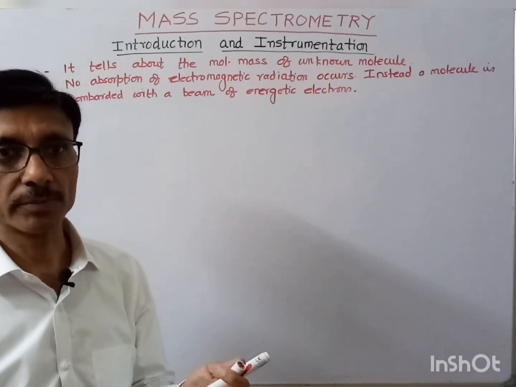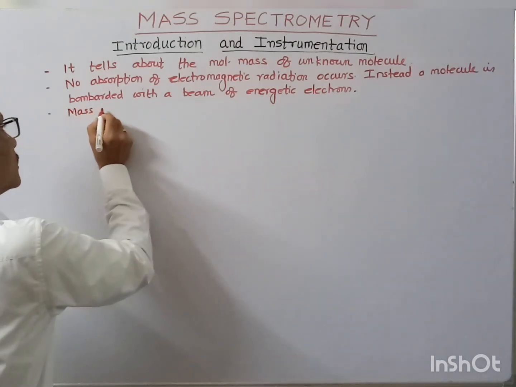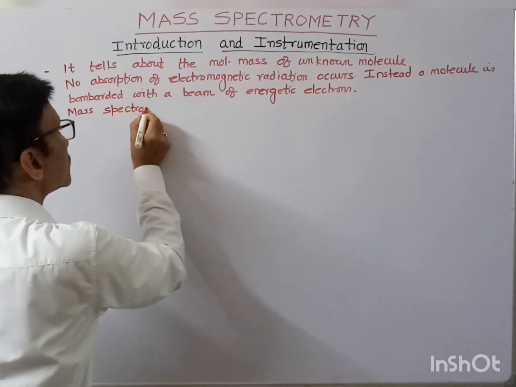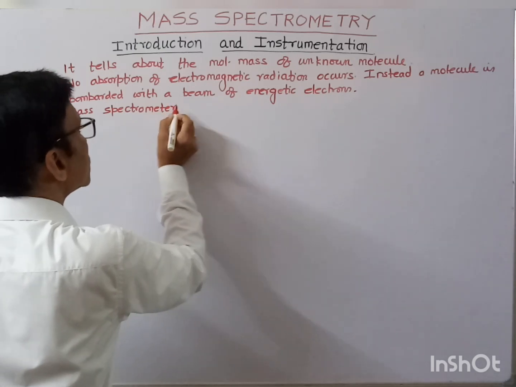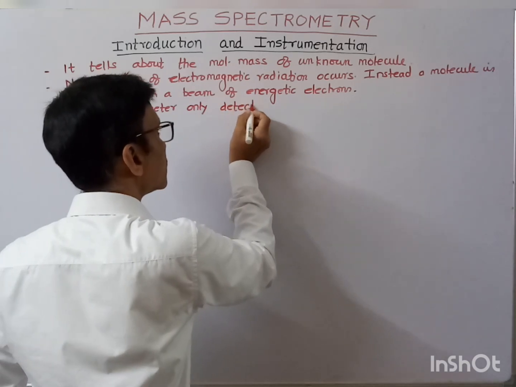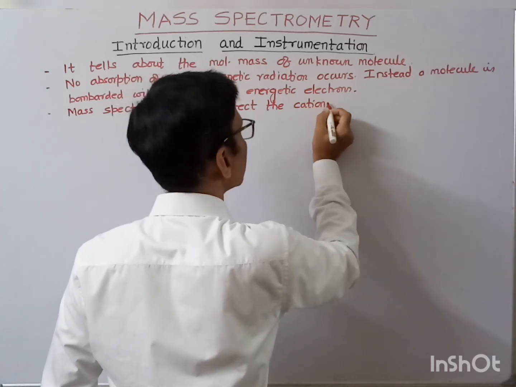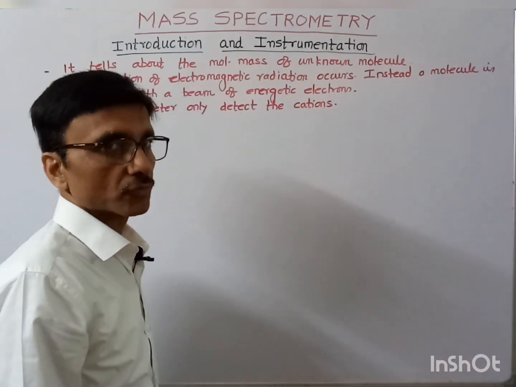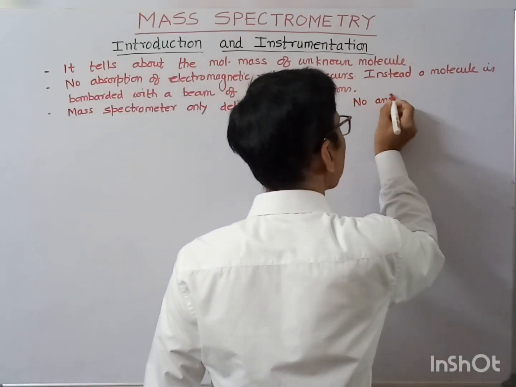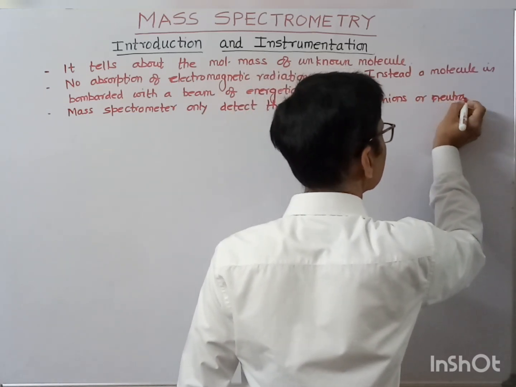So the mass spectrometer only analyzes, or we can say detects, the cations. No anions or neutral molecules are detected.